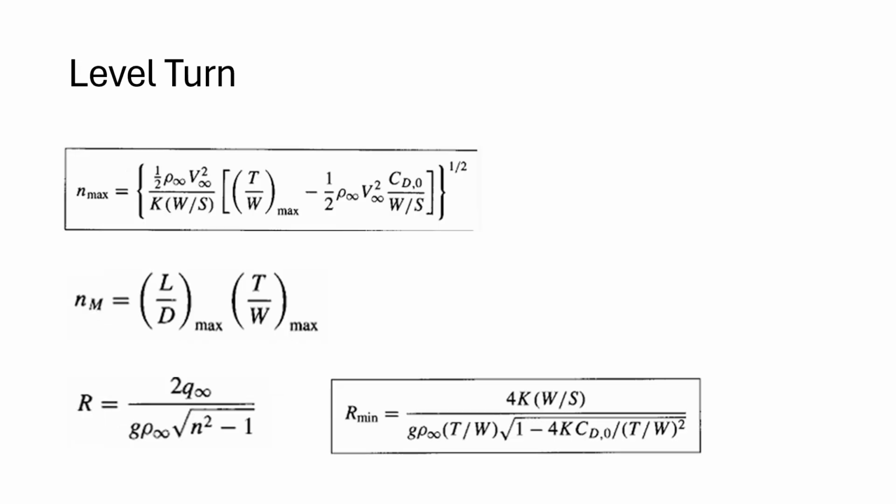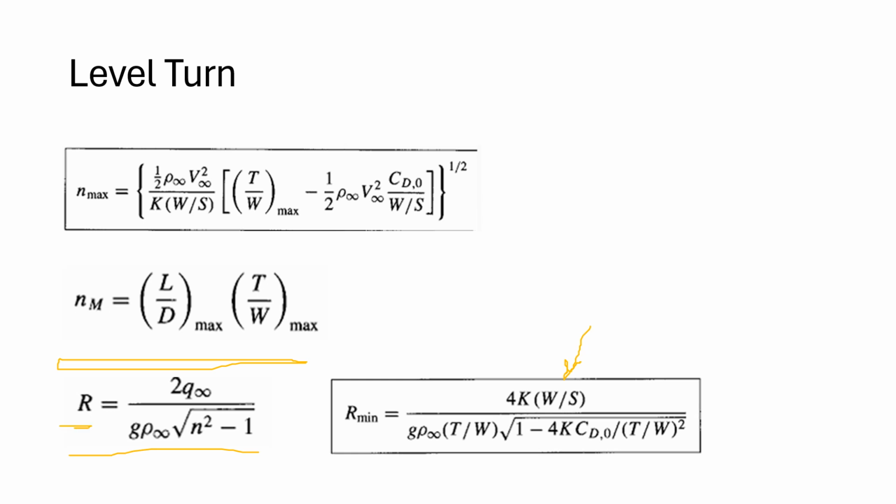Next is the level turn. This is your current assignment. And max, how many G's the aircraft can pull. What is the absolute maximum number of G's it can pull? What is the turn radius in level turn, and what is the minimum turn radius? If I tell you that the aircraft is pulling 3 Gs, tell me what is the turn radius.